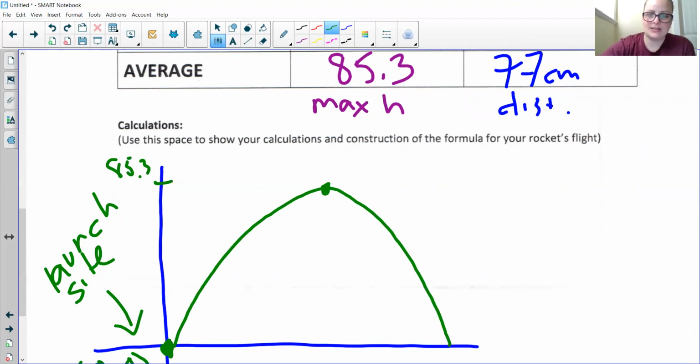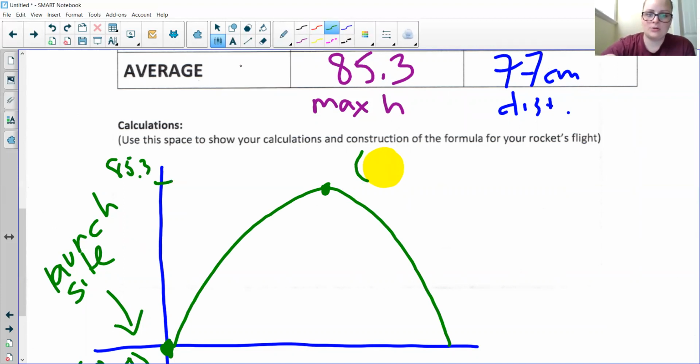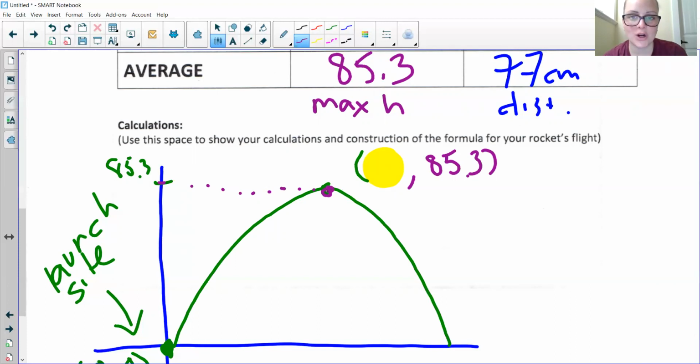So this happens at, you don't know the x coordinate yet. I'm going to give you a hint on how to get that. But you do know that the height at which it occurs, the max height, is 85.3. So the coordinate of this max height, which is a vertex, is at something, 85.3.